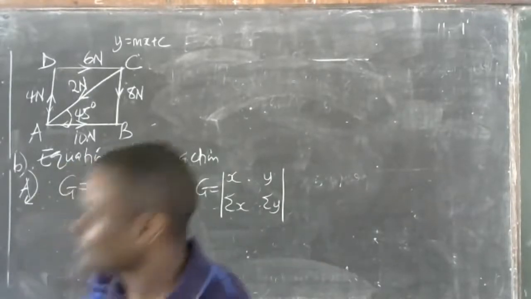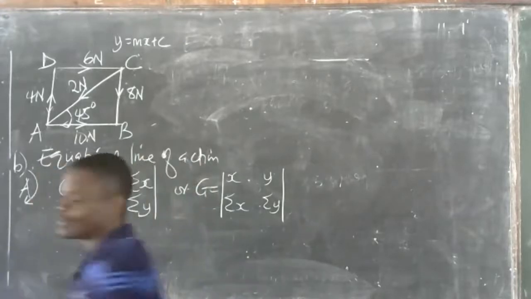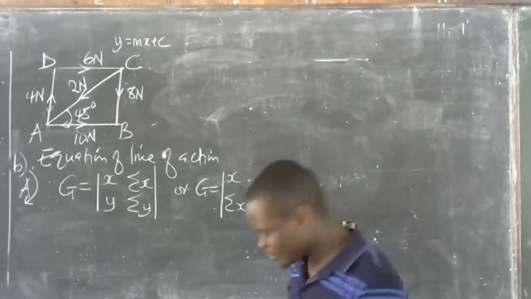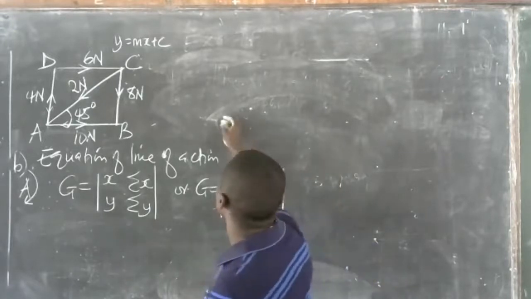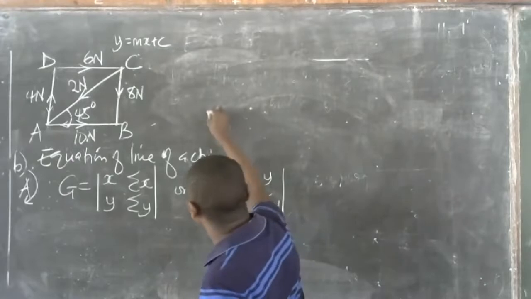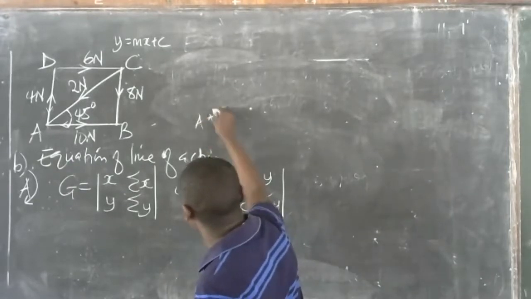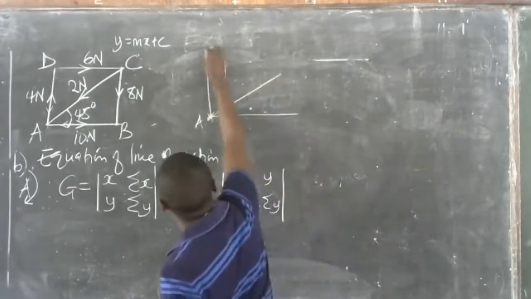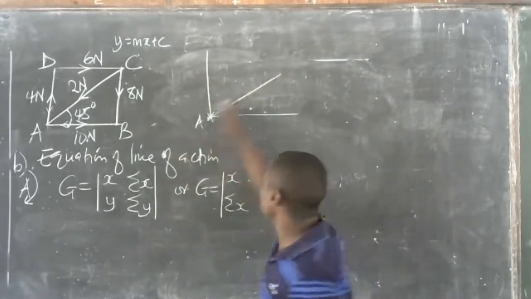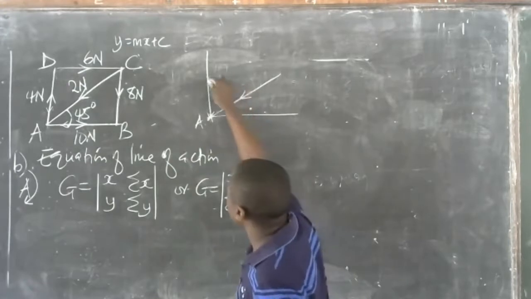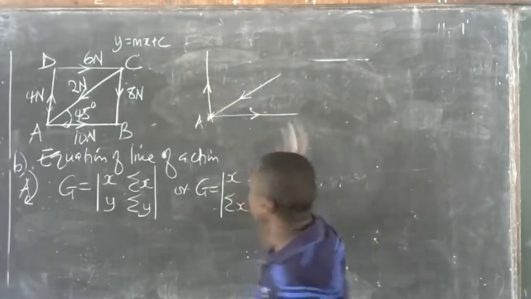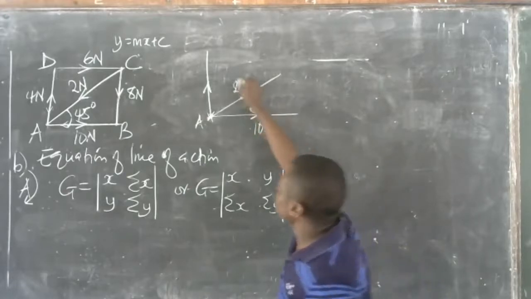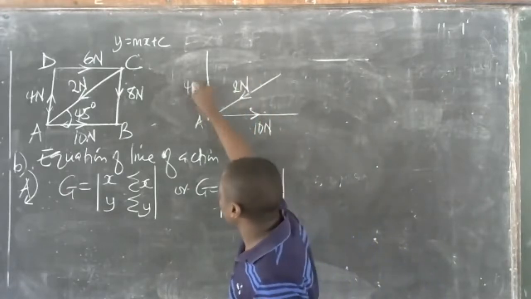Now, 8 and 6. Okay, now attention. When you're taking moments about a point such as A, all the forces whose lines of action are passing through point A have no moments, such as the 10 Newtons, the 2 Newtons, and the 4 Newtons.